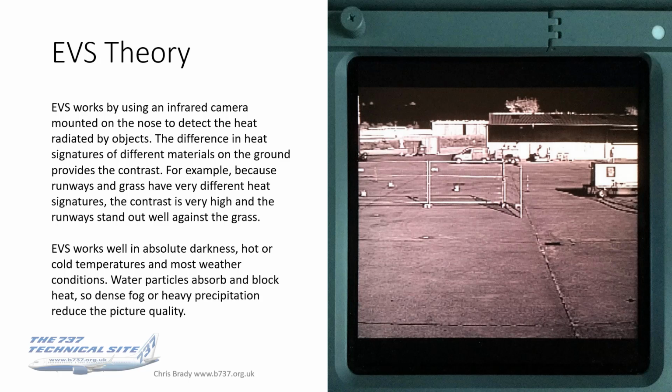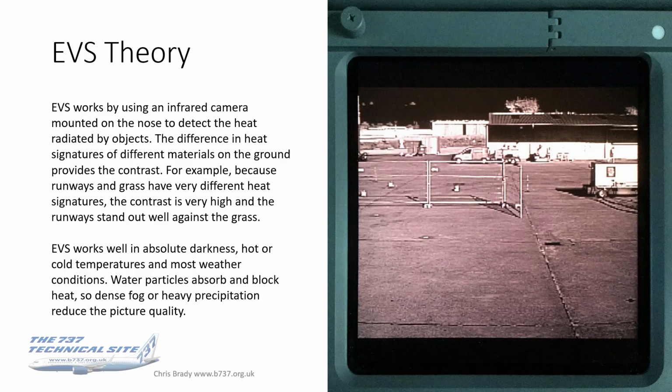So, theory of EVS. EVS works by using an infrared camera mounted on the nose to detect the heat radiated by objects, by everything, anything in its view will reflect heat.